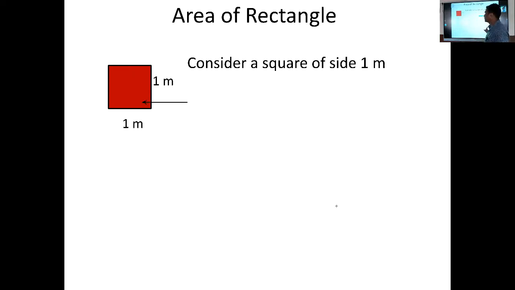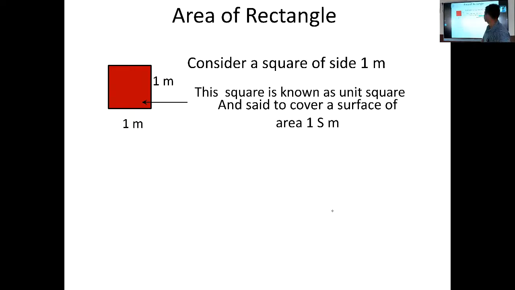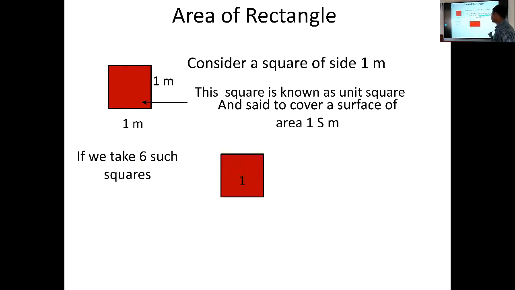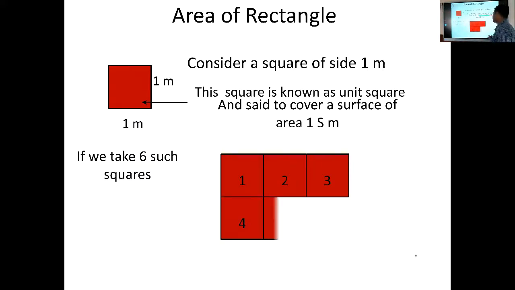The area covered by this square is known as 1 square meter. Now, if I take 6 such squares, let us count: 1, 2, 3, 4, 5, and 6.